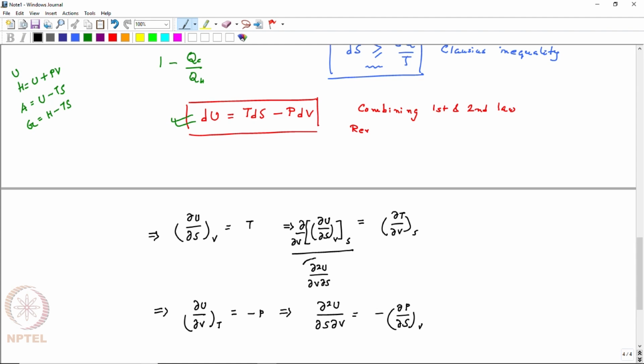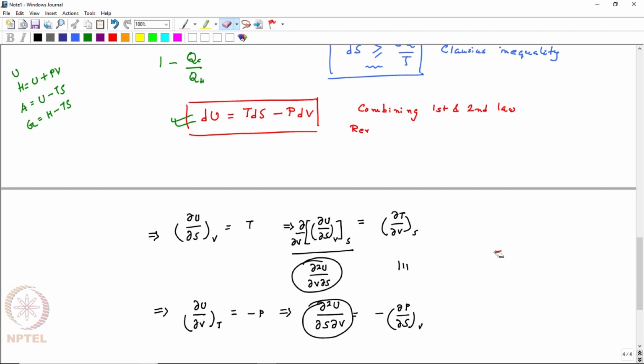Now these two quantities are identical because U is a state function, and by the rule of differentiation, it doesn't depend on the order of differentiation for a state function. So what we can establish very quickly is a very nice relationship.